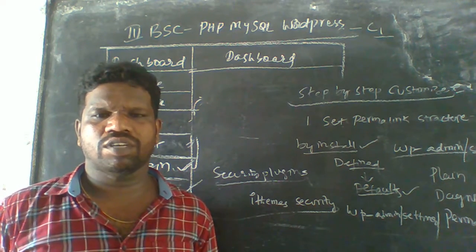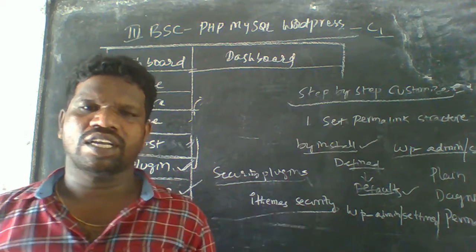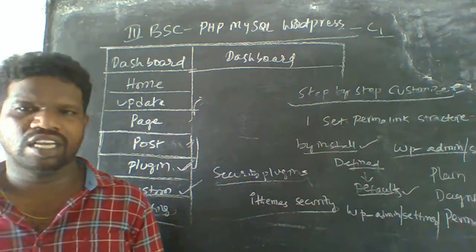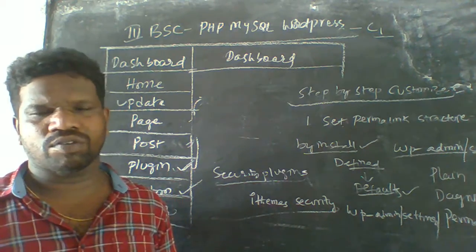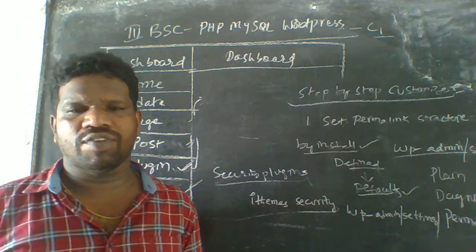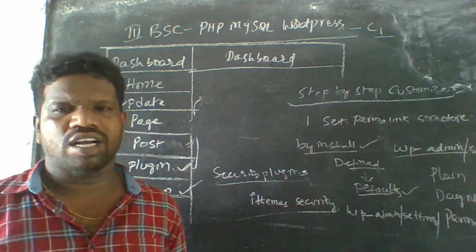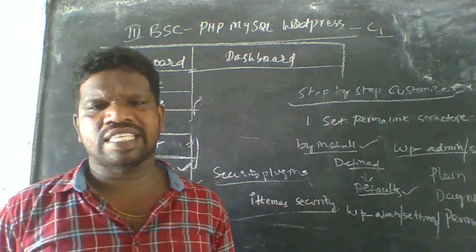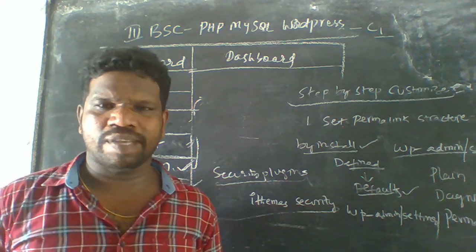Each and every unit has very important topics we have to learn. In the first unit, installing MySQL on Windows and Linux is a very important question. Forms and functions are also available. The fourth unit is also an easy topic because you are already aware of it from the DBMS paper.